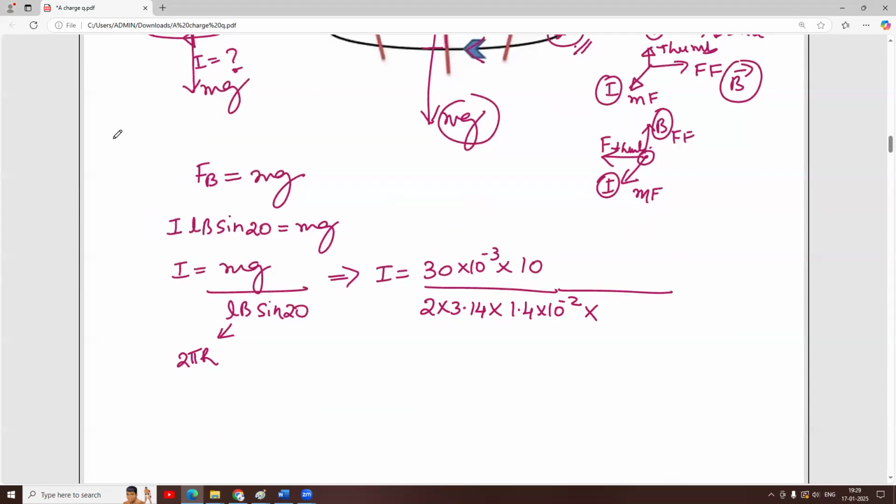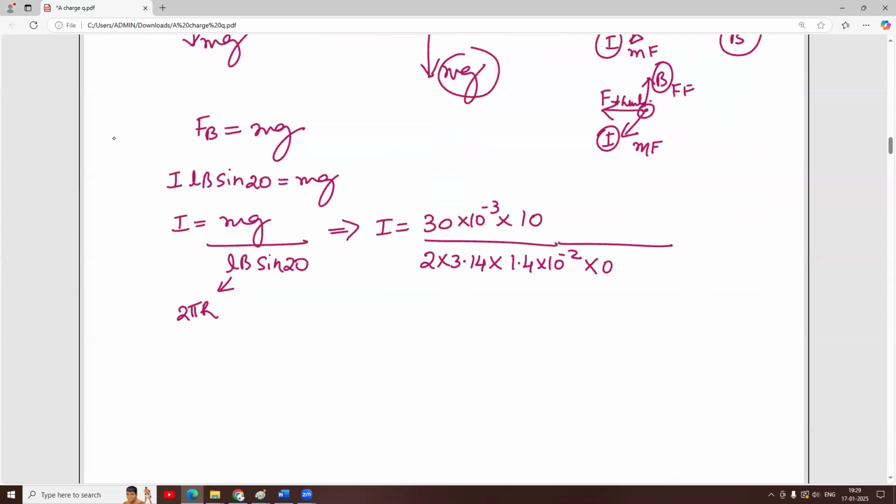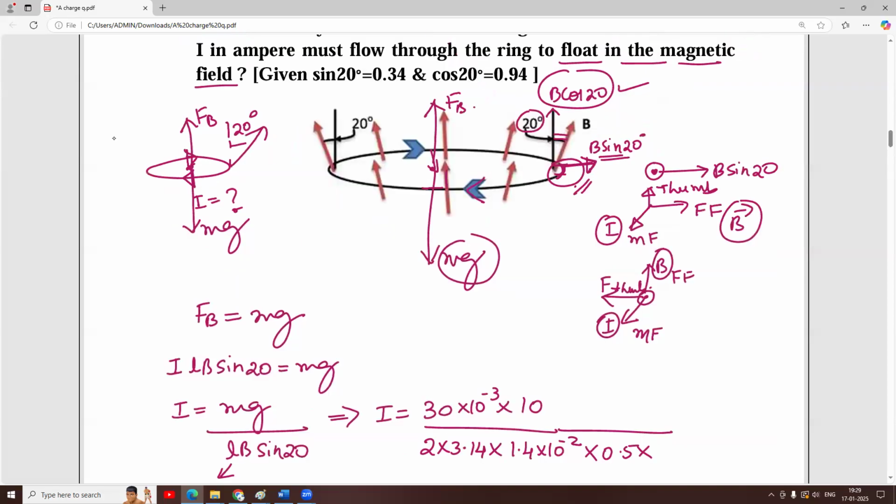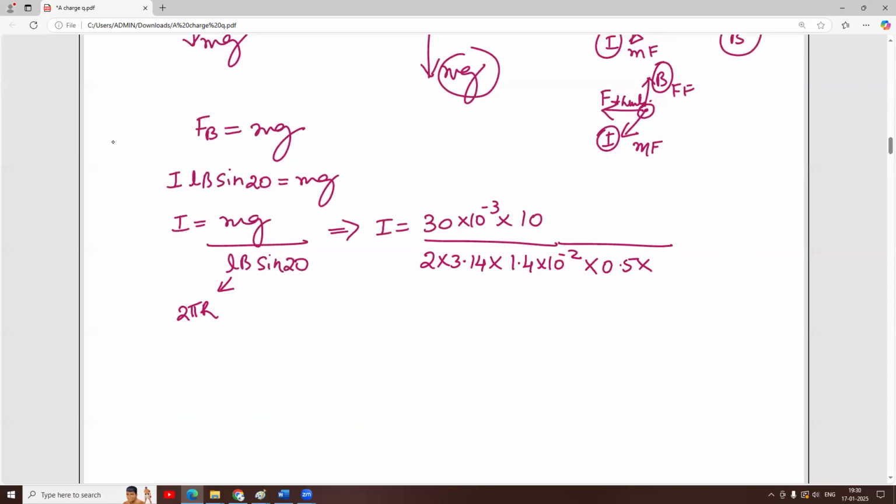Sin theta is given as 0.34. Now you have to calculate this. The answer will be I is equal to almost about 21 amperes. This is the current to be passed.